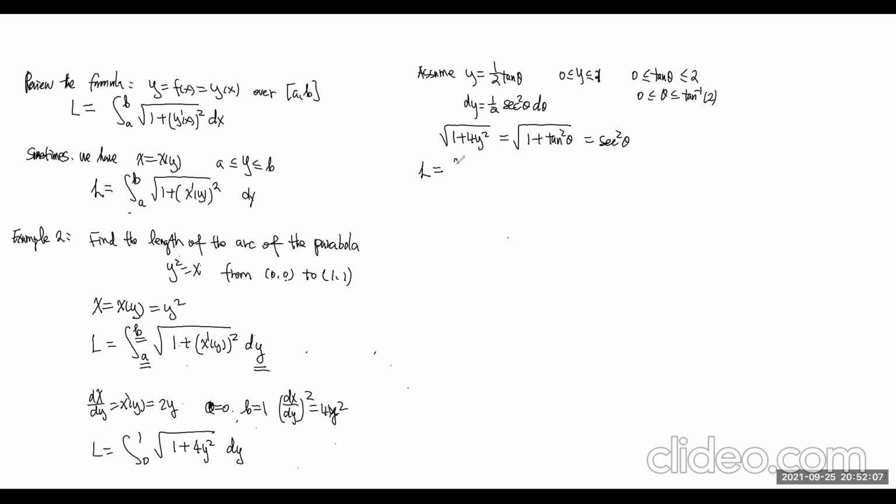This is from 0 to tangent inverse of 2, secant theta times half secant squared d theta. So this is half the integral from 0 to tangent inverse 2 of secant cubed theta d theta.